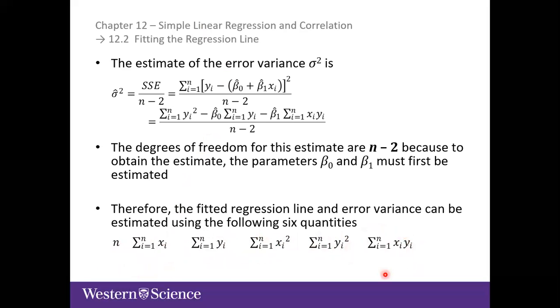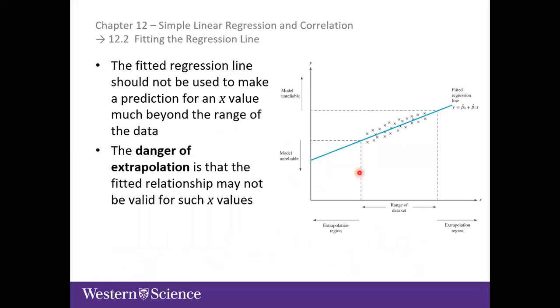Once we have them, we can calculate beta 1, beta naught, and also the error variance based on all the data. So you can constrain the two coefficients and the error variance, which lets you define the entire regression model in a probabilistic way.